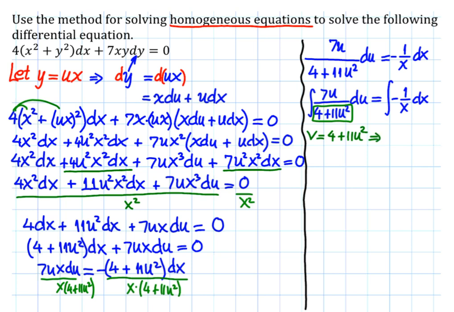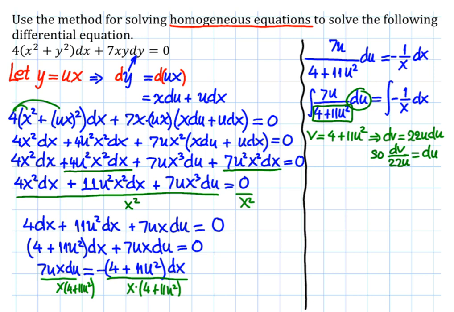Taking the derivative, dv is equal to 22u du, and divide by 22u on both sides. We have du, which is this.